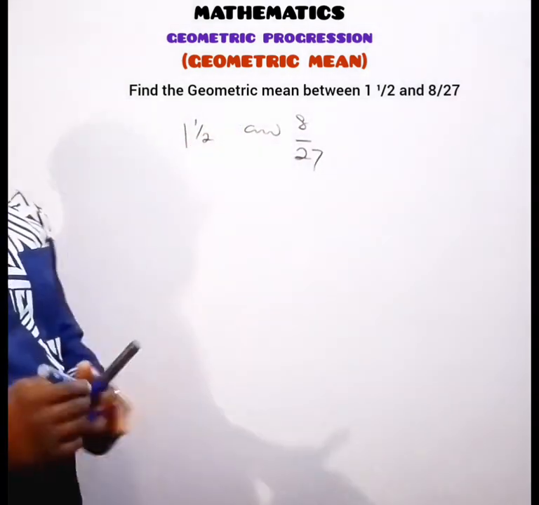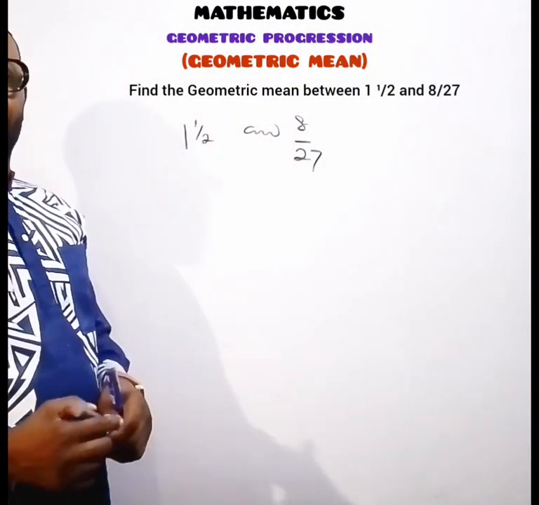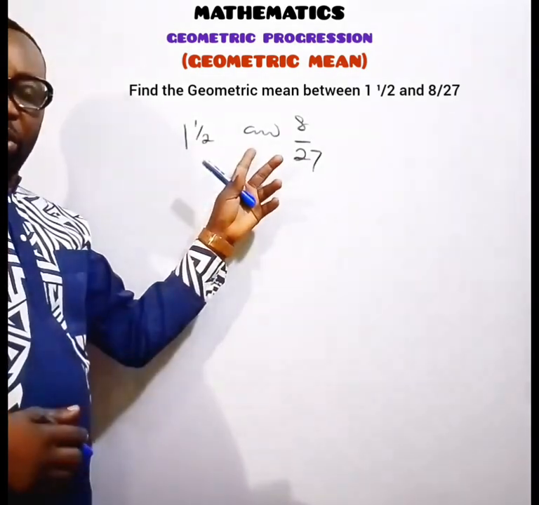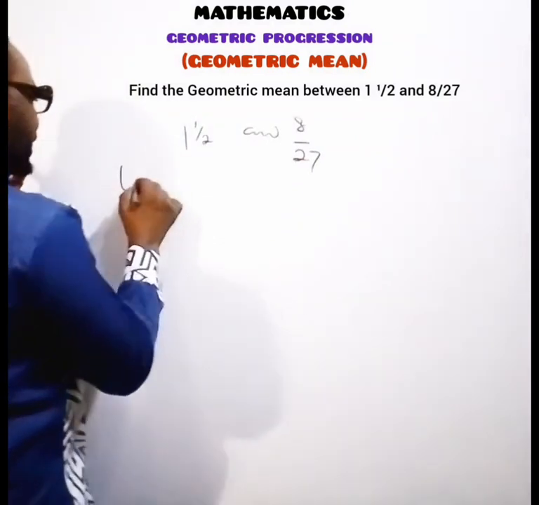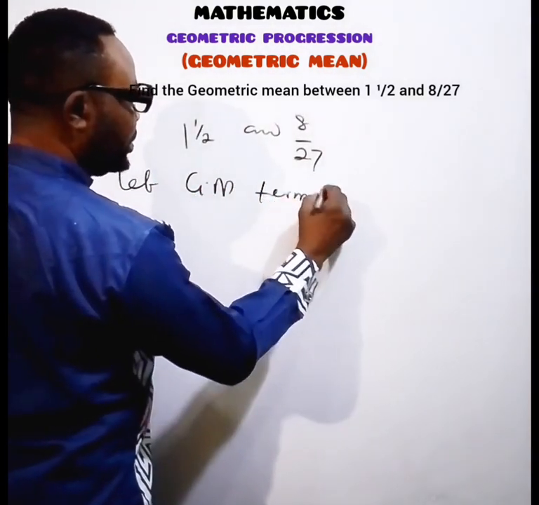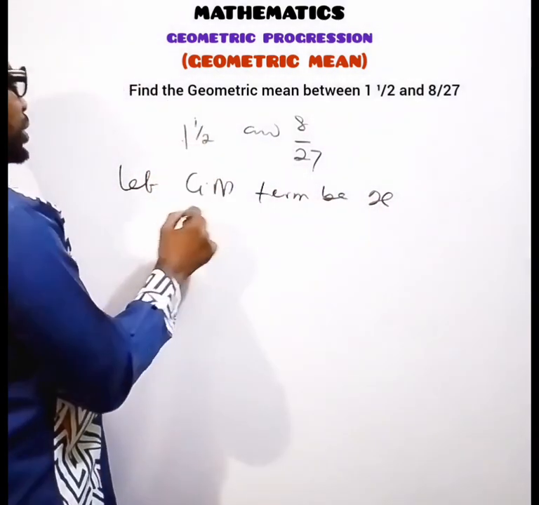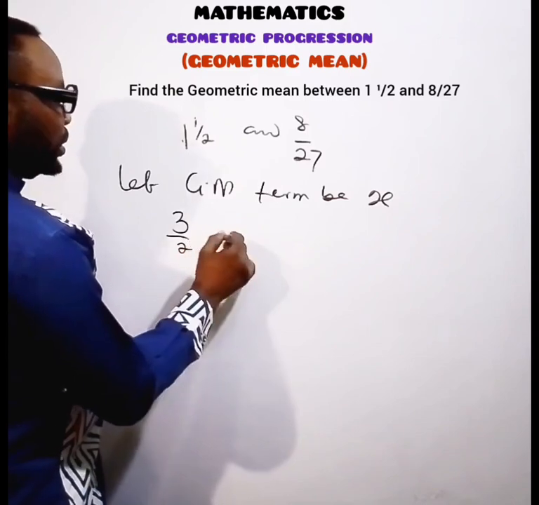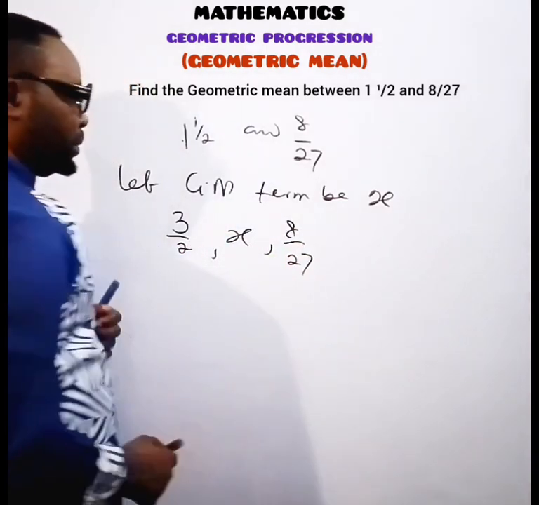But these are just two terms. For us to have a geometric mean, a term must come in between them. So let the geometric mean term be x. So we have 3 over 2, x, and 8 over 27.